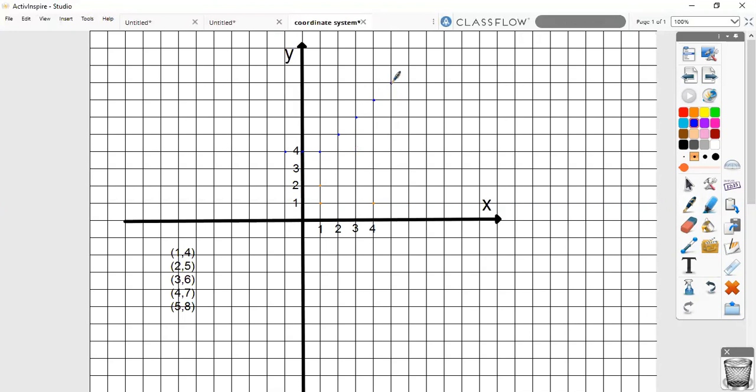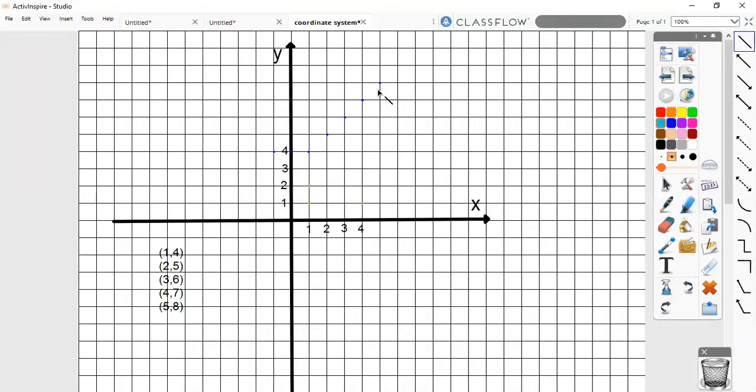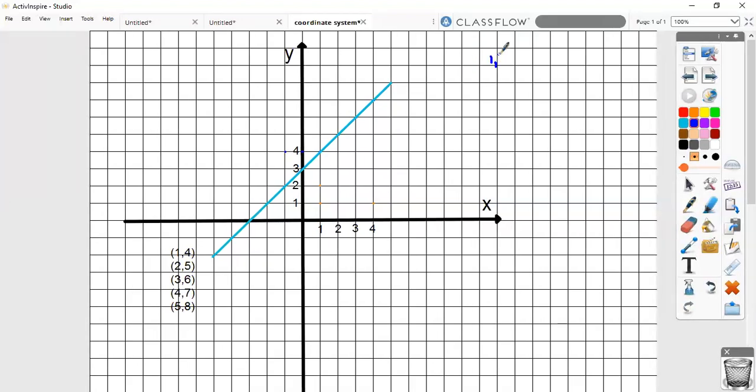Now what I can do here, I can join all these points. If I join all these points, this will be my line. I draw the line without any break. Why? Because between these numbers, for example, we have 1.5, a decimal number, or 1.2, or 1.352.